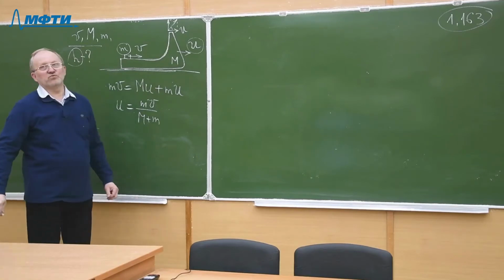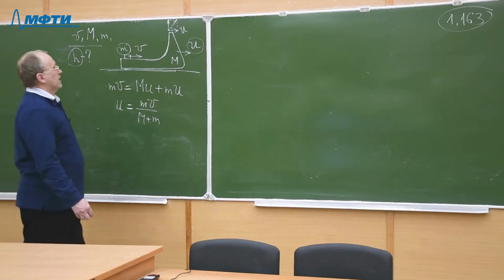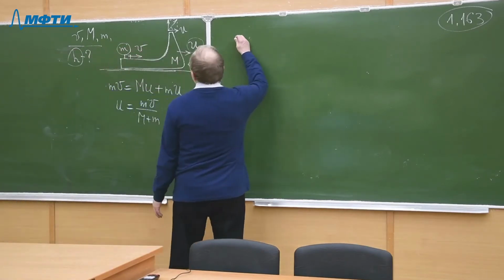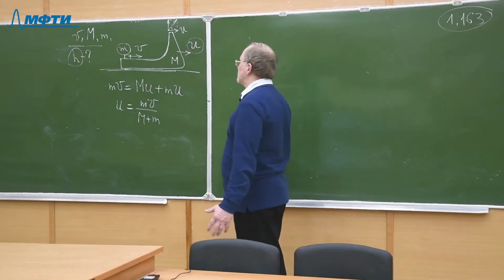There are no forces of friction. If we have no forces of friction, then we know the mechanical energy is conserved. So the initial mechanical energy in this process must equal the final mechanical energy.